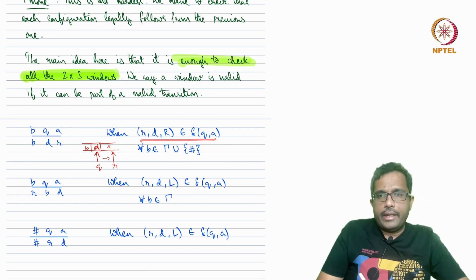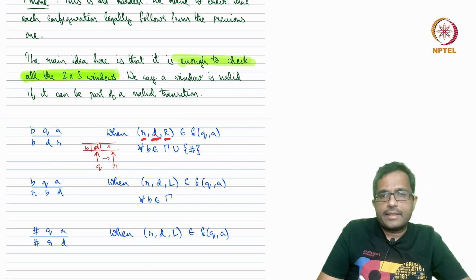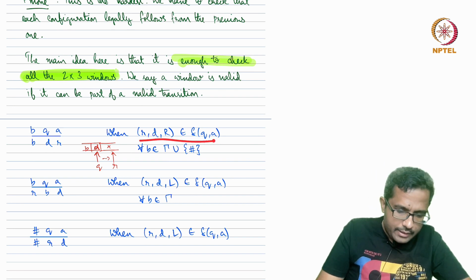When we are reading Q A, one of the possible moves is to write D onto the tape, go to state R and then move one step right. So that is what this indicates.